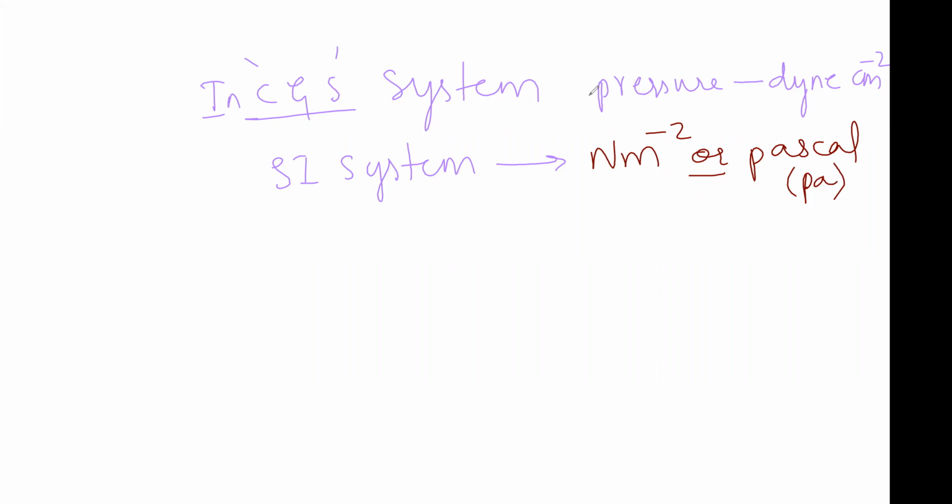One thing you have to remember: 1 Pa means 1 Pascal, and the value of 1 Pascal is 1 Newton per meter square.